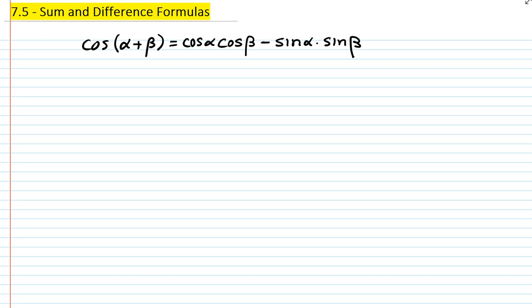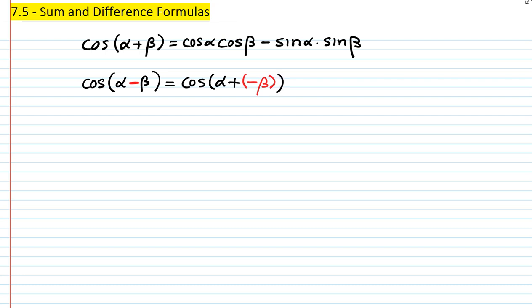Now, from this, we can actually get the formula for cosine of the difference. So here's how cosine of the difference would work. If I'm doing, let's say, cosine of alpha minus beta, I can think of this as cosine of alpha plus negative beta, correct?